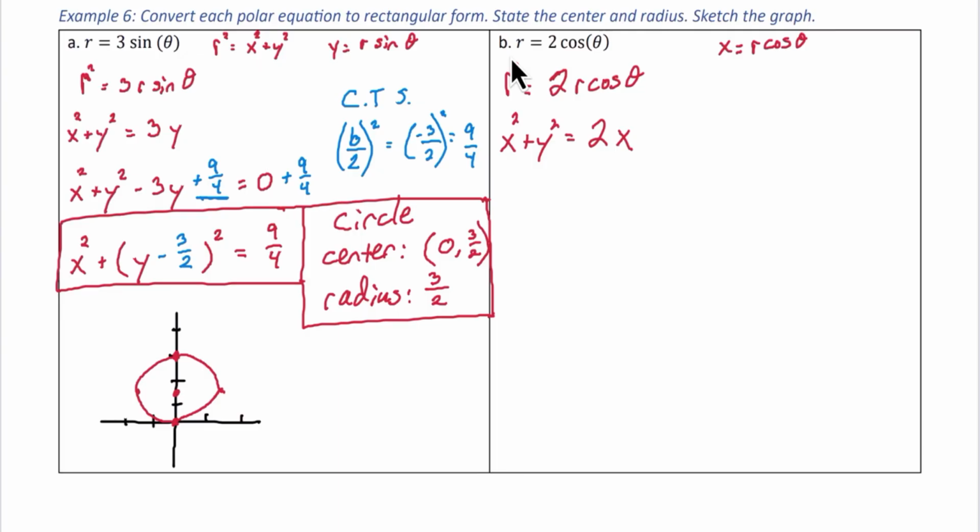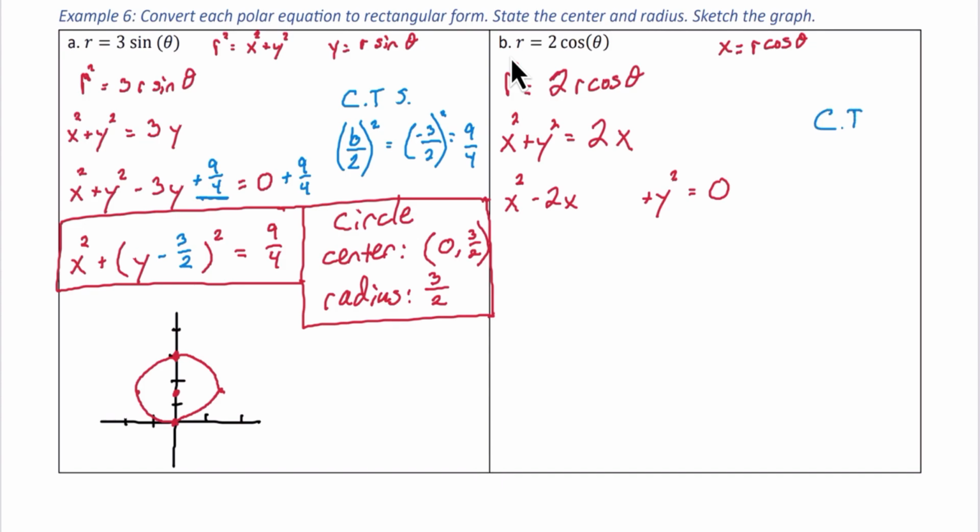At this point it's in rectangular form, but let's do a little extra work to make it look a little more familiar. We will again set it equal to 0. So let's subtract 2x, leave a blank spot. We're going to fill in that blank spot. Plus y squared equals 0. This time we want to complete the square on the x's.